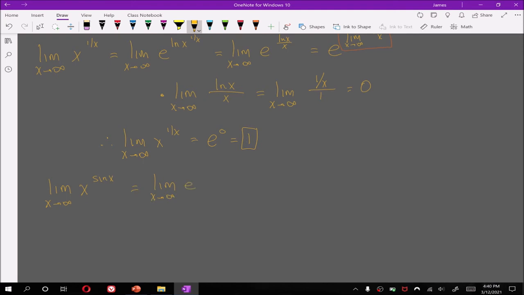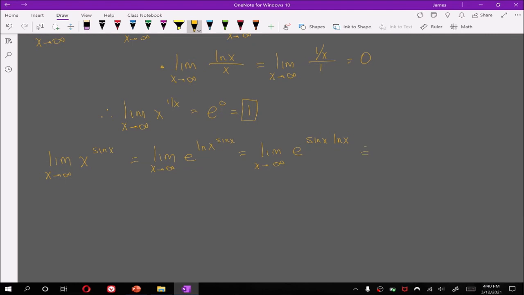So again, e to the natural log of x to the sine of x, which is the limit as x approaches infinity of e to the sine of x times the log of x. And that is e to the limit of sine of x times log of x. All right, so again, now our focus will be on this limit.